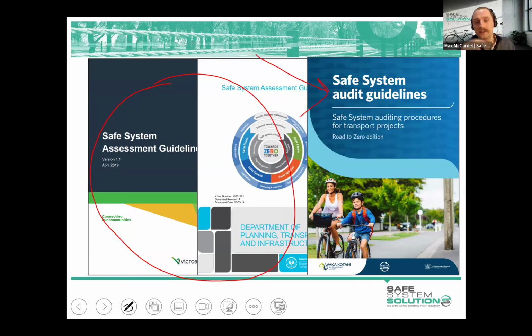The New Zealand one, the one that I referenced earlier, has the largest difference because they have combined the road safety audit and the safe system assessment into one big risk assessment methodology. So if you're working in New Zealand, that jurisdiction does have a different practice compared to Australia.